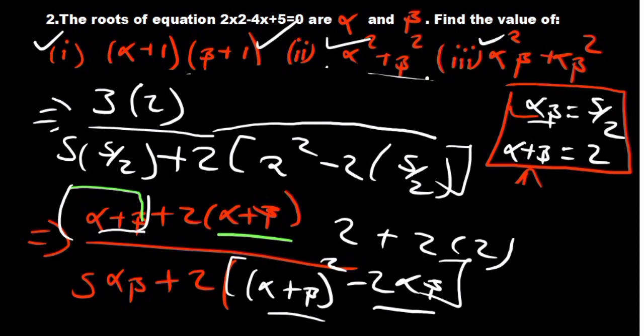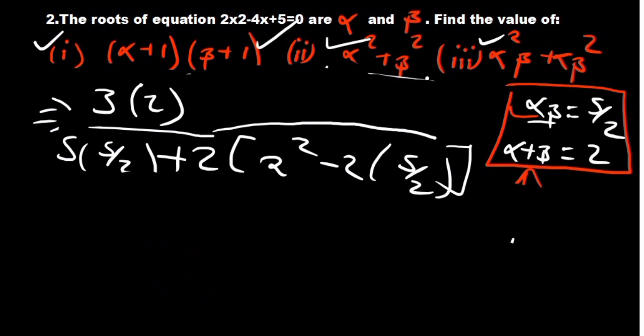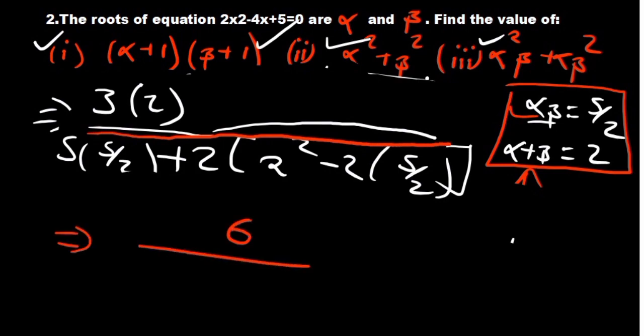Okay, so let's try to simplify that more. So what do we have now? So this is supposed to be division. So we have 6 over 5 by 5 over 2 is a 2 is 25 over 2. Then in the brackets we have 4. 4 minus, both are going to cancel out. So you have a 4 minus a 5, which is going to be a minus 1.